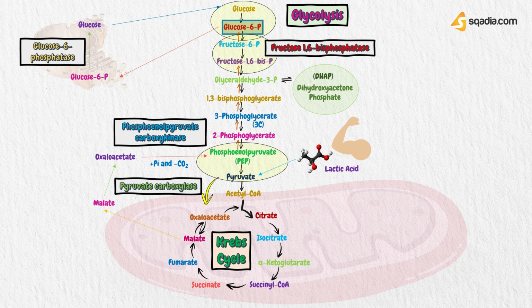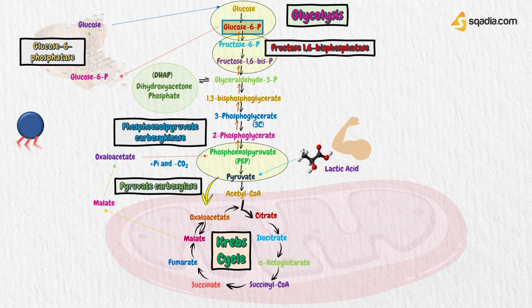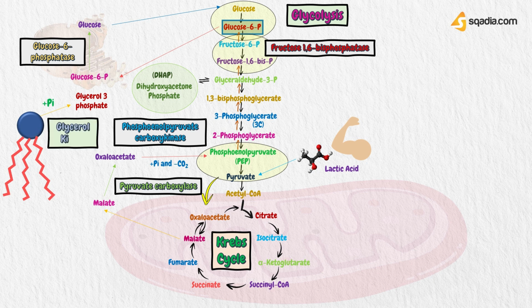Now let us talk about fats. Basically, triglyceride is involved in gluconeogenesis. They have a glycerol part and fatty acid side chains, which are 3 in number. Both parts are involved in gluconeogenesis. If we talk about glycerol, it needs to add a phosphate group to convert itself into glycerol 3-phosphate with the presence of the enzyme known as glycerol kinase.